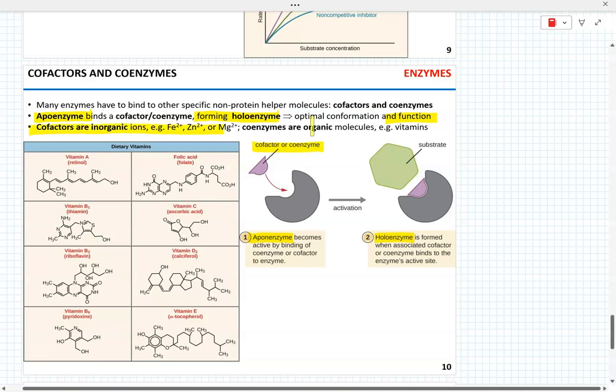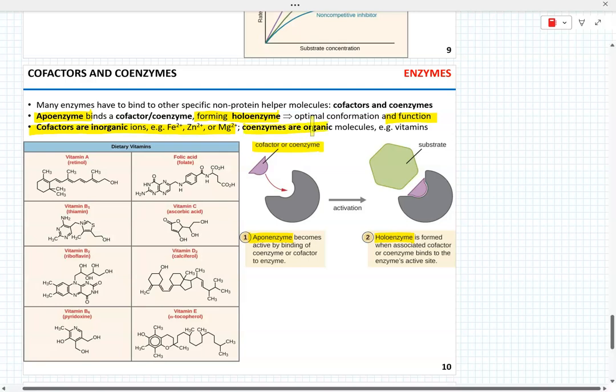Cofactors are inorganic ions such as iron, zinc, or magnesium, which usually stabilize the enzyme structure and help it exert its activity.